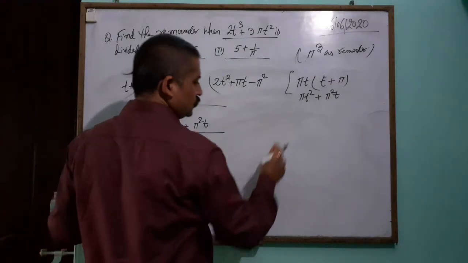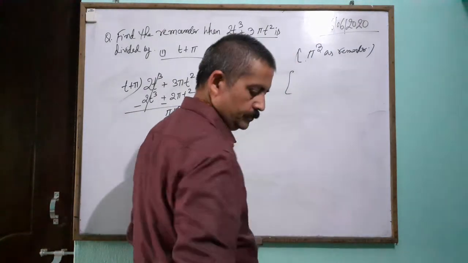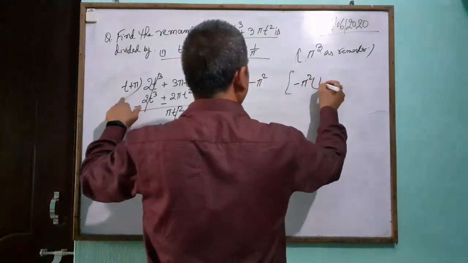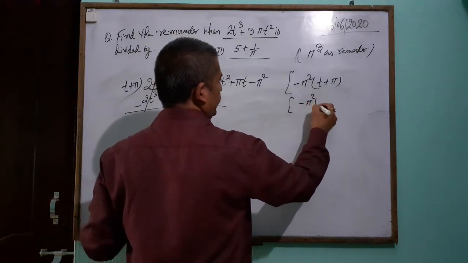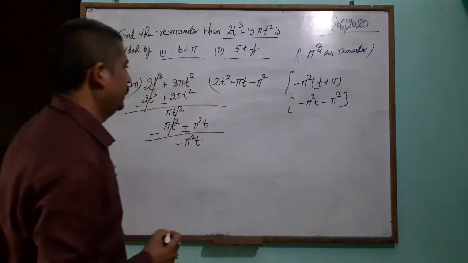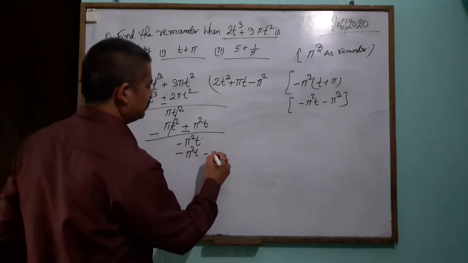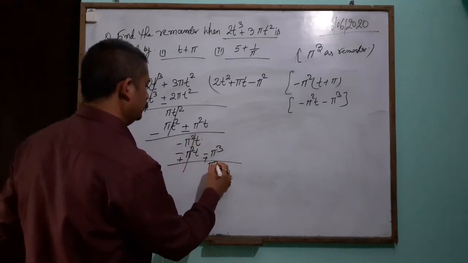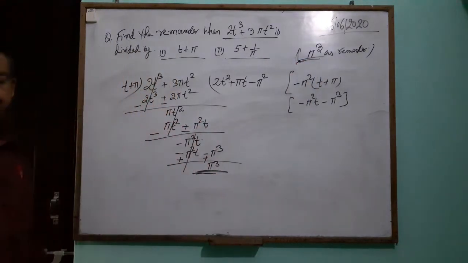So minus π² into t + π gives minus π²t minus π³. Writing that down, minus π²t minus π³, plus plus, so π³. That's the same remainder we found.